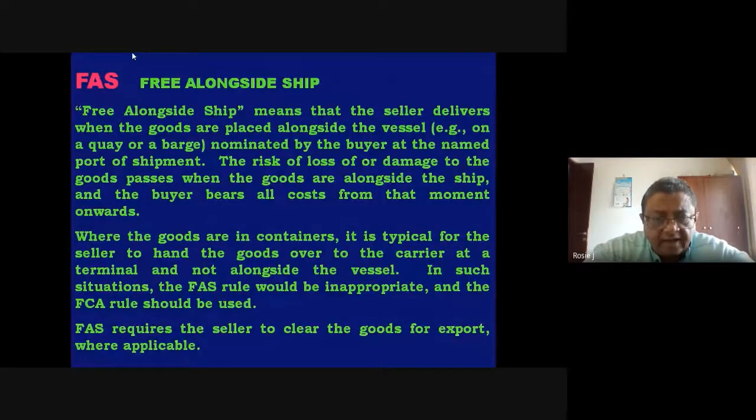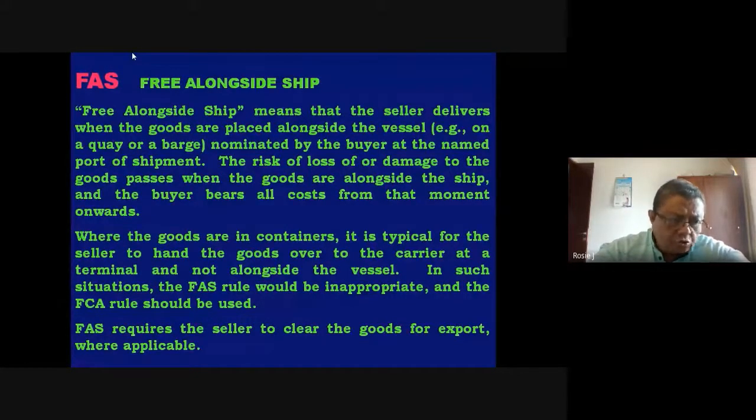The exporter does not load the goods onto the ship. No loading. He only brings it up alongside the ship. That's all. But not yet loaded on the ship. Only just keeps it alongside.